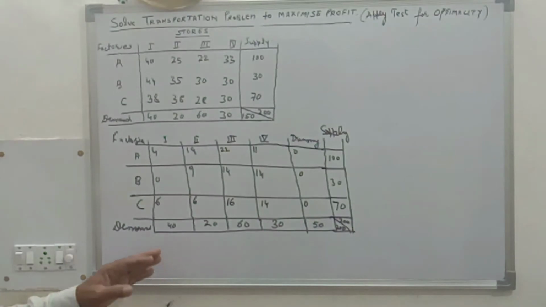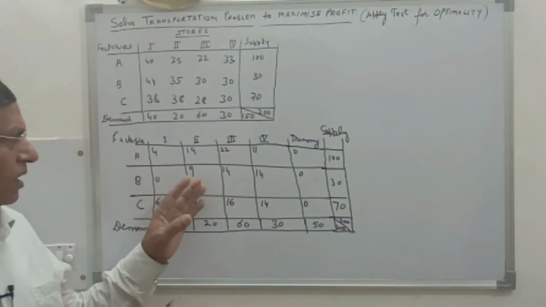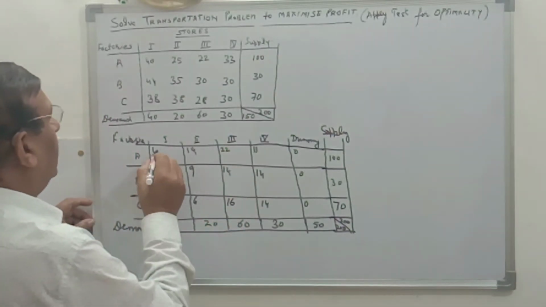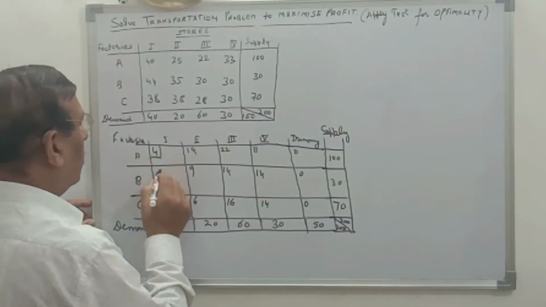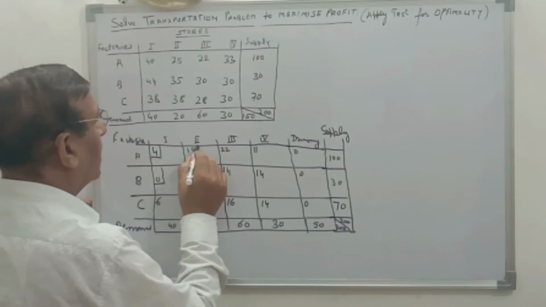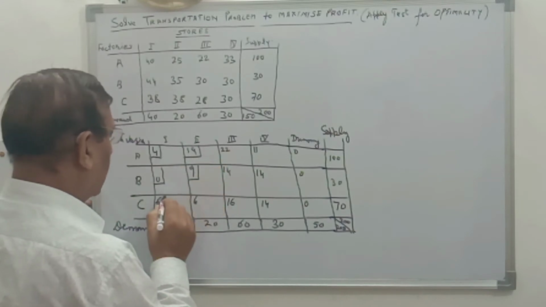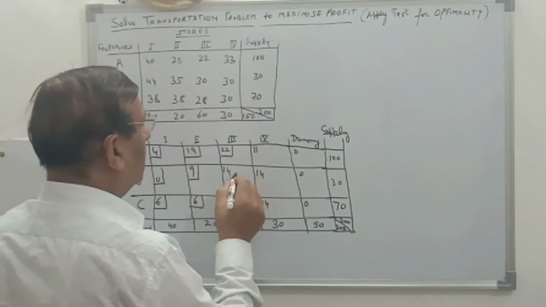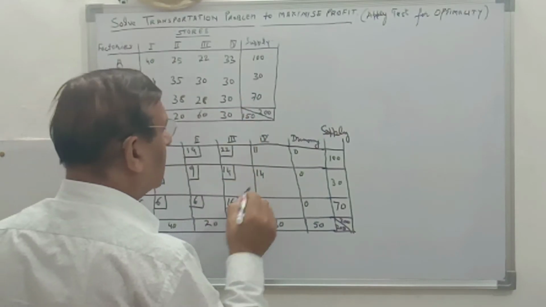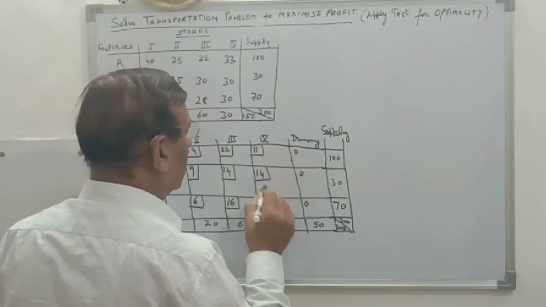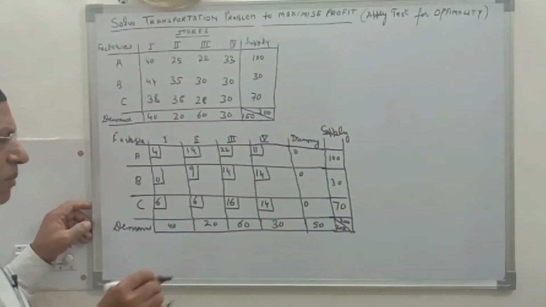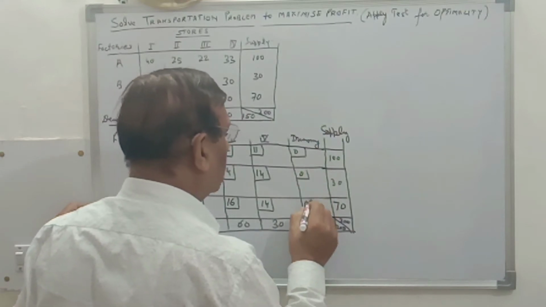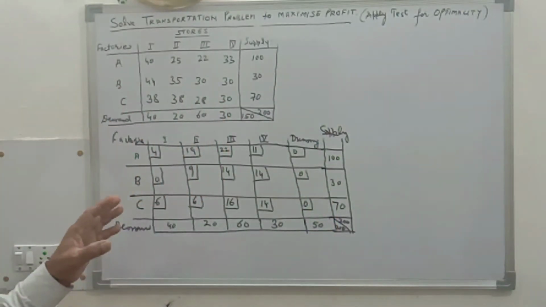Now it is a balanced problem as well as a minimization problem, and these are the cost elements. Originally it was for the profit elements, but now we have converted it into a minimization problem. Now we will solve this problem by VAM.